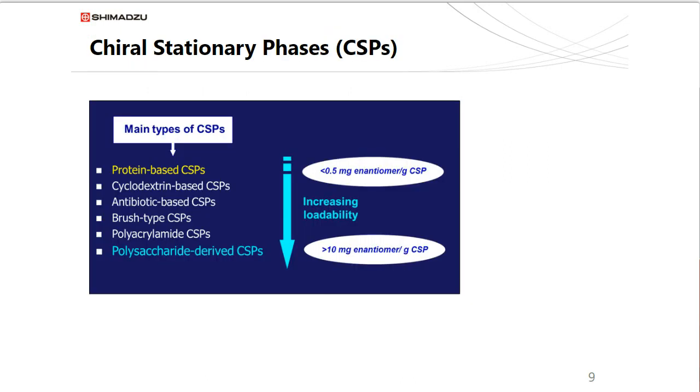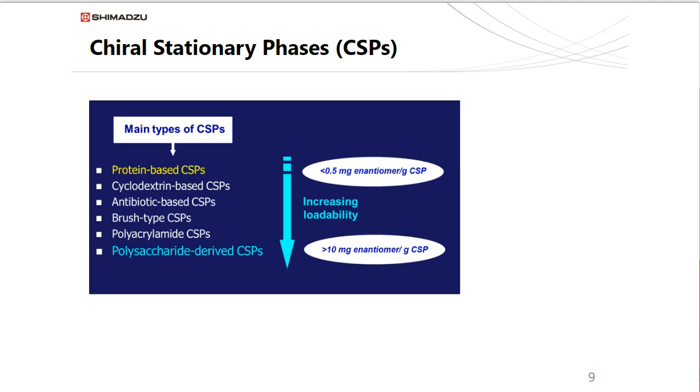There are several different types of chiral stationary phases, or CSPs, based on this ideal fit model, where you have a substrate with a selector on it. The main types of these CSPs are either protein-based, cyclodextrin-based, antibiotic-based, brush-type-based, polyacrylamide-based, or polysaccharides.